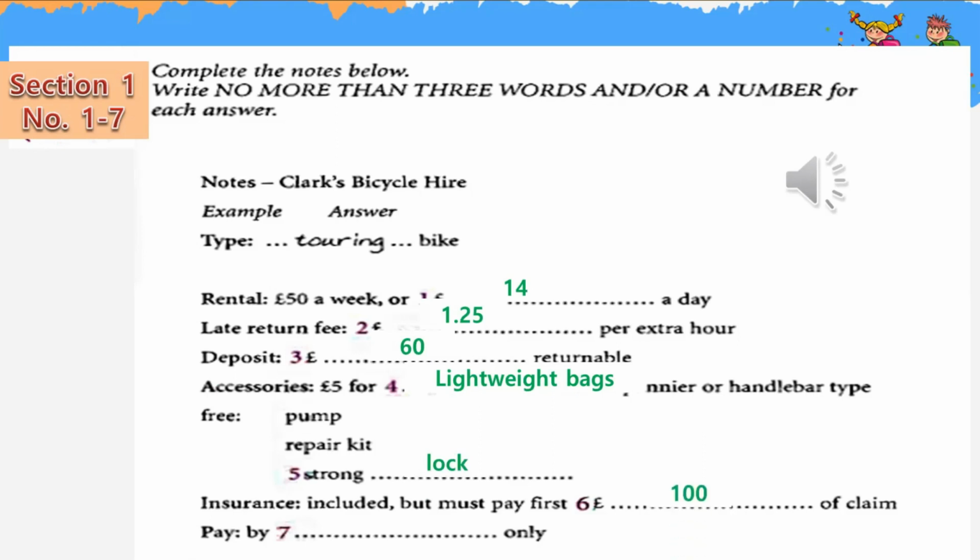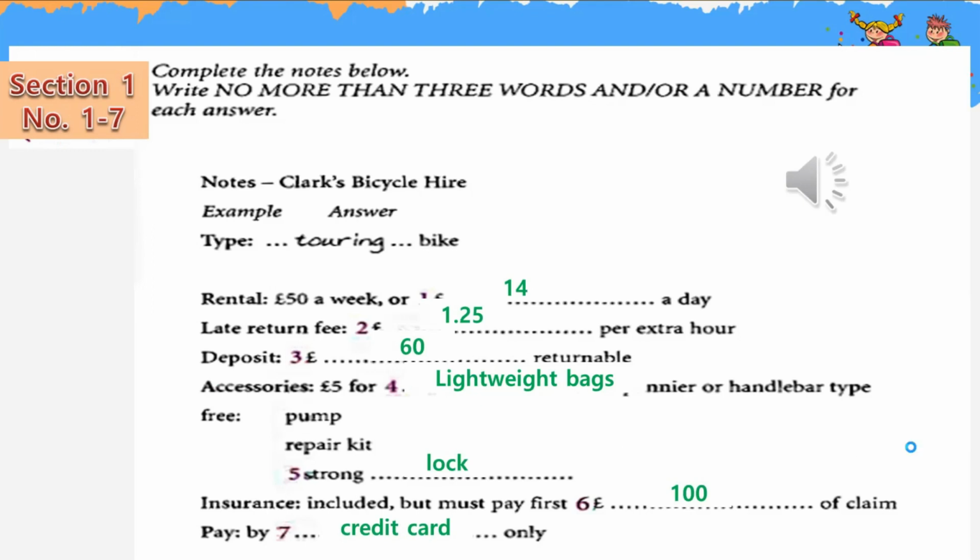And then the last answer, number 7: Kate insists on credit card booking. She says credit card booking, so we are going to use credit card only. Okay, this is the answer for section 1, number 1 up to 7.